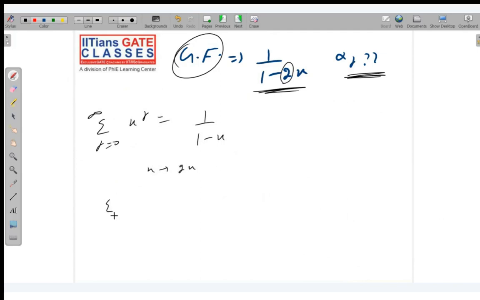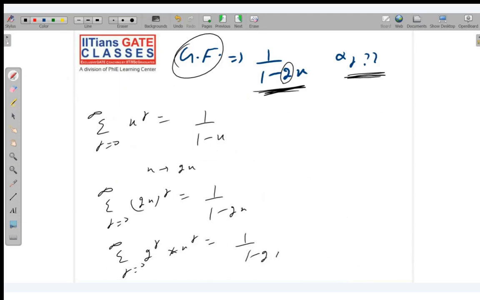So sigma r = 0 to infinity (2x)^r is 1 upon 1 minus 2x. This is what we want. So what is the numeric function? It is very obvious: sigma r = 0 to infinity 2^r x^r, which is 1 upon 1 minus 2x. So the numeric function is 2^r.